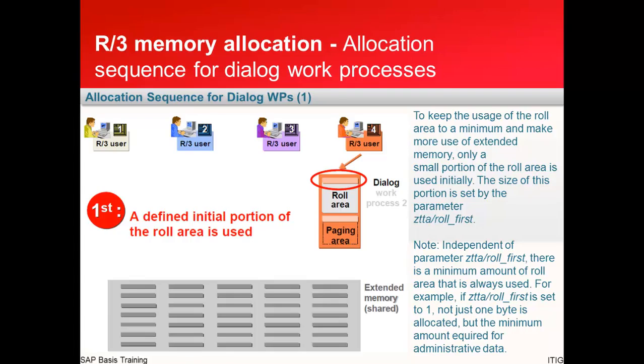The size of this area is set by the parameter ztta/roll_first. Note that, independent of the parameter, there is a minimum amount of role area that is always used. For example, you can set this value to 1. Not just 1 byte is allocated, but the minimum amount required for administration data. We will be getting into the system to see these particular parameters.